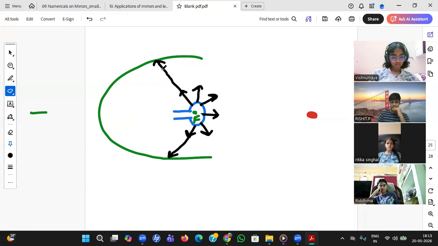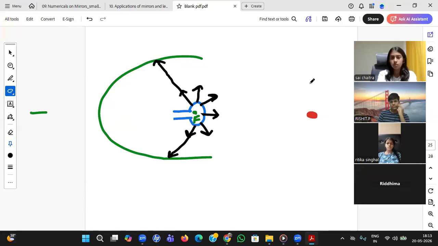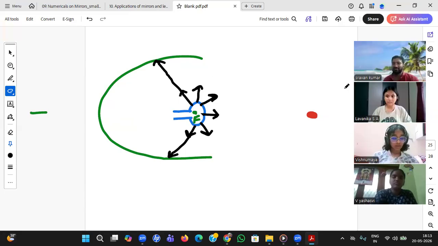How will the reflected ray go? Sorry, parallel. Parallel, exactly. Whenever light is coming from the focus of the concave mirror, I have adjusted this light exactly on the focus.